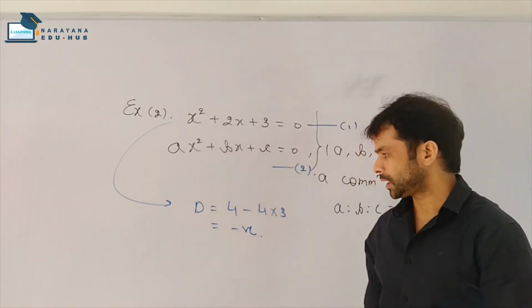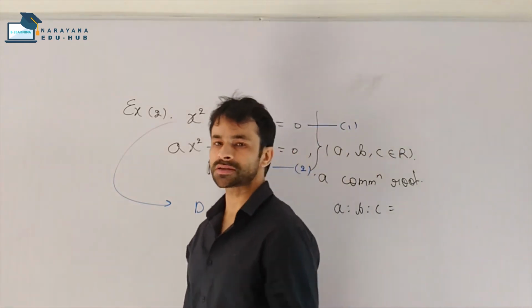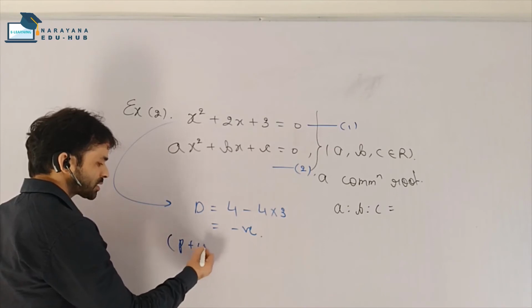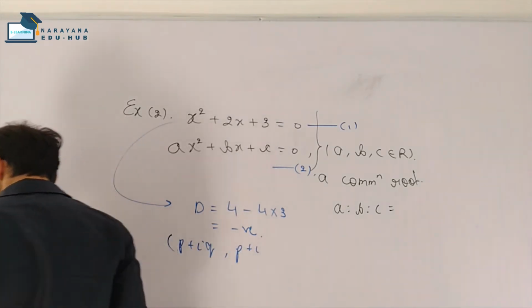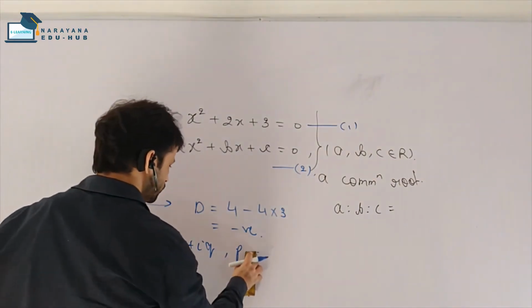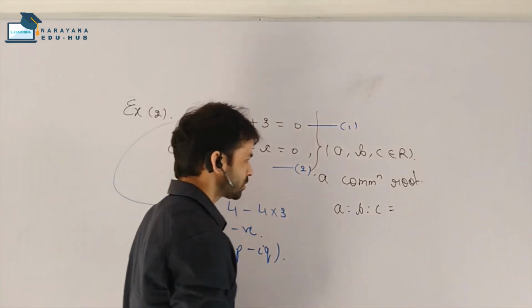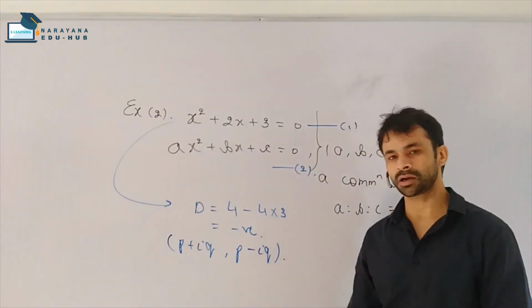And we have seen imaginary roots always come in conjugate pairs. If one is p plus iota q, then the other will be p minus iota q.